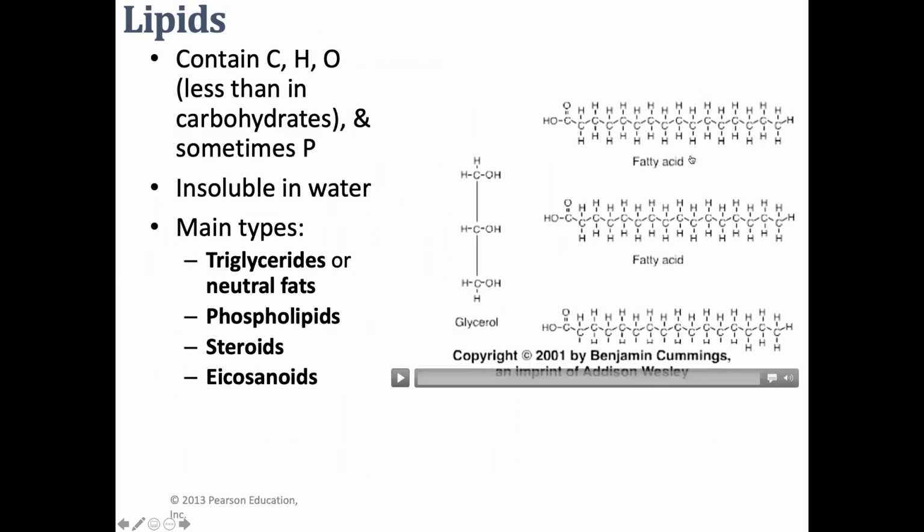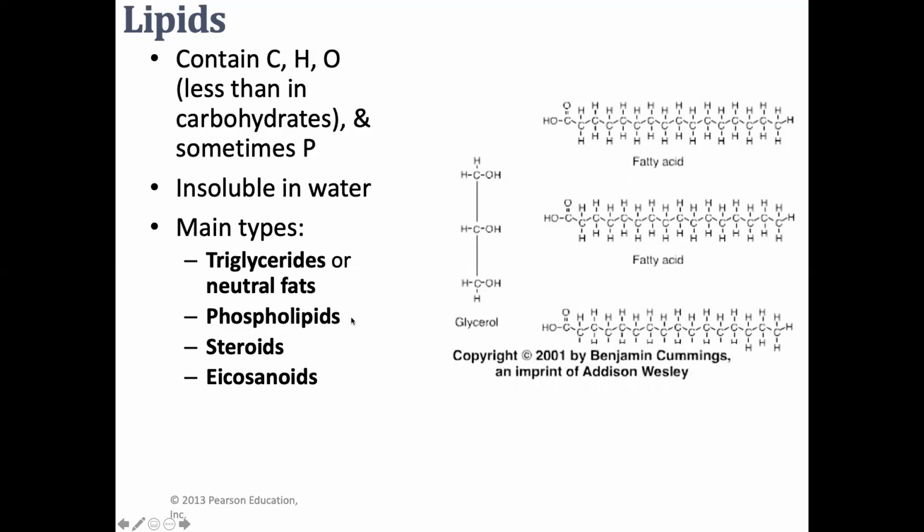So it doesn't mix well with water. While this part may be able to combine with water a little bit because there's some oxygen atoms here, right? So we call this molecule amphipathic, meaning it's got a greasy end and it's got a non-greasy end, okay?